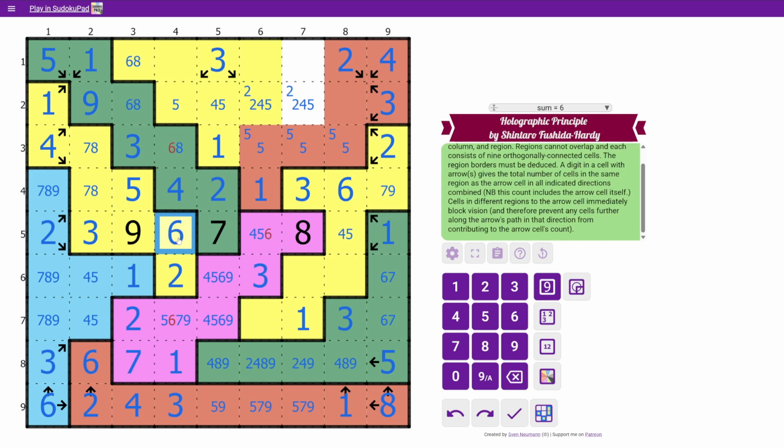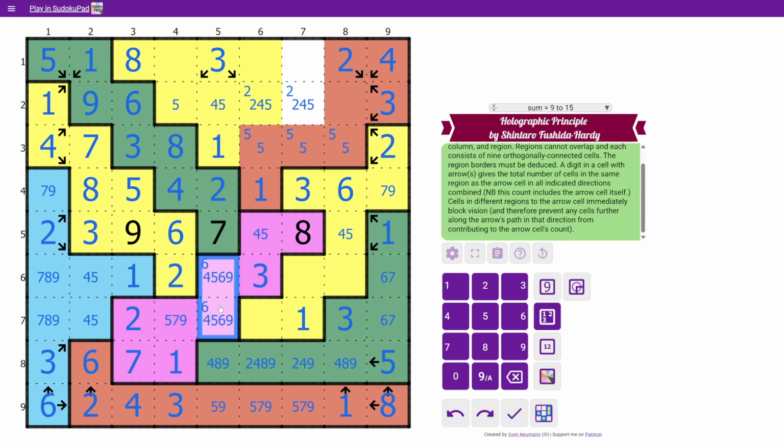Six now goes here. Six will be in one of these. This is no longer a 7. Four.